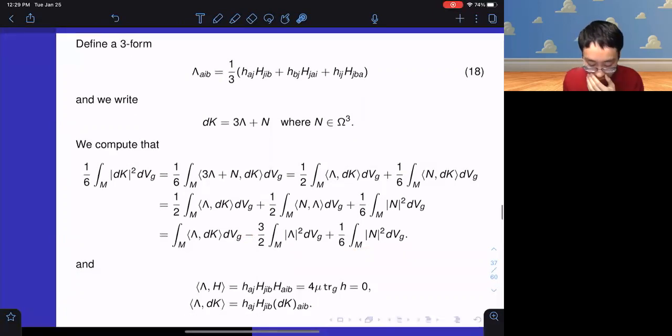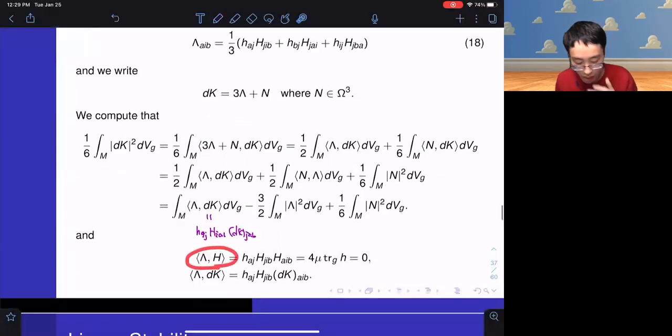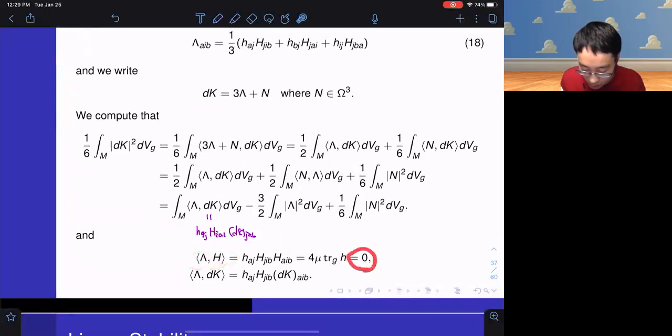And due to our assumption, the inner product of lambda and dk, with the components h_ij, h_iab, h_jab, oh sorry, k_ab, dk, is the term we want to deal with. And the inner product of lambda and h is actually 0 because the trace is free.